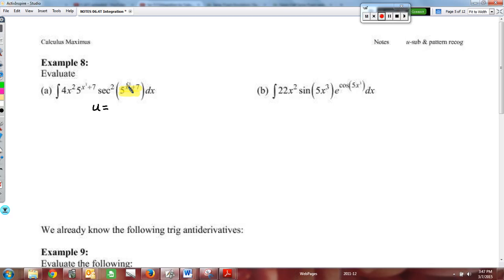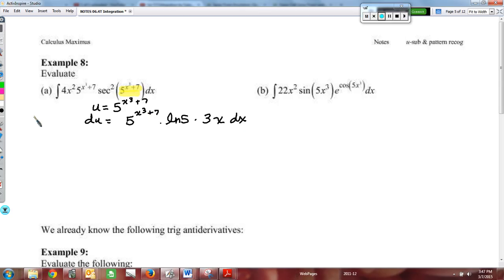So I'm going to choose this to be my u, 5 to the x cubed plus 7. I'm going to take its derivative. The derivative of 5 to the x cubed plus 7 is 5 to the x cubed plus 7 times natural log of 5 times, now I need the derivative of the inside, 3x, and then of course dx.